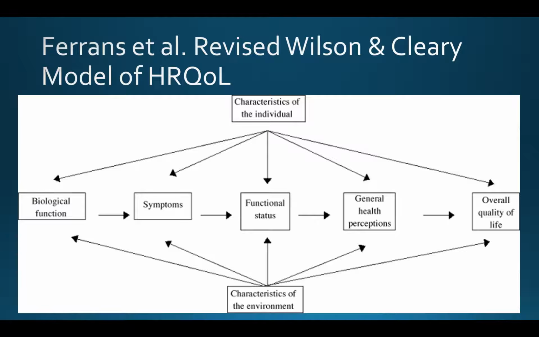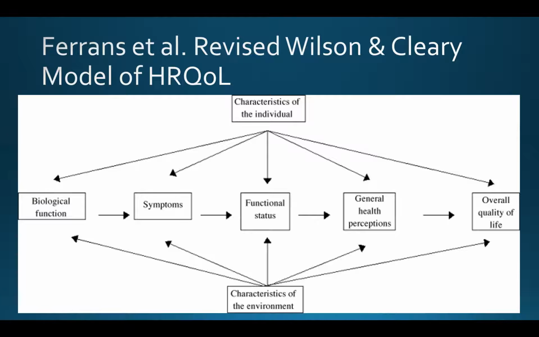In addition, they contributed further theoretical background about the main concepts in the model and provided examples of instruments to enhance measurement. According to Ferrans and colleagues, the model depicts dominant causal associations. However, reciprocal relationships are implied.